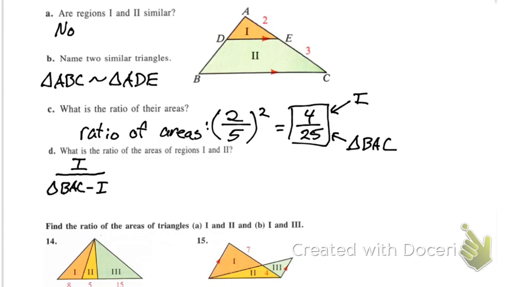Our total triangle minus this little section becomes just region 2. Region 1 in this ratio is 4 over triangle BAC, which was the 25 in the ratio, and we're just going to subtract away 4. So that's going to be 4 over 21. It's just going to be 4 over 21.